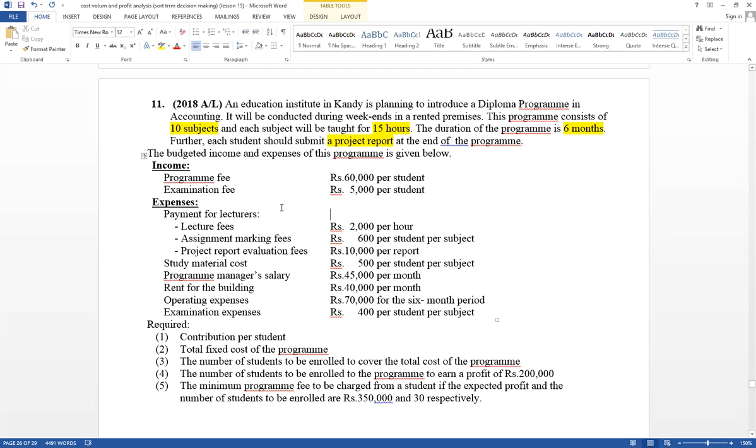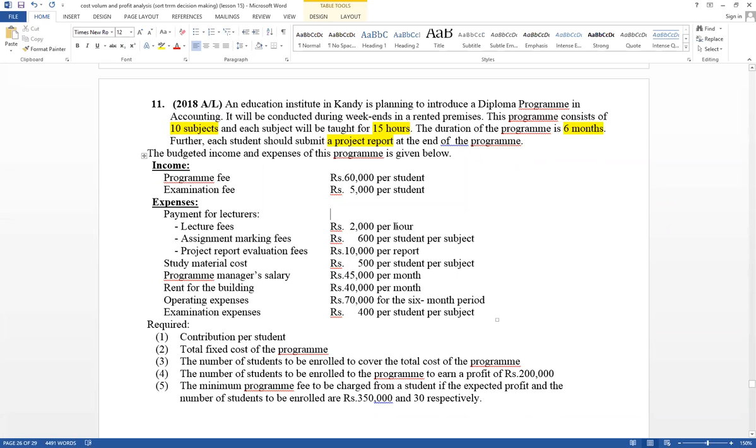Think about the expenses given. Payment for lectures. Lecture fees given 2,000 per hour. දැන් ඔයගොල්ලෝ බලන්න ඕනේ students ලා change වෙනකොට change වෙනවද? Lecture fees given per hour. ඒක වෙනස් වෙනවා hours වෙනස් වෙනකොට, but it does not vary with the number of students. Therefore this is a fixed cost.